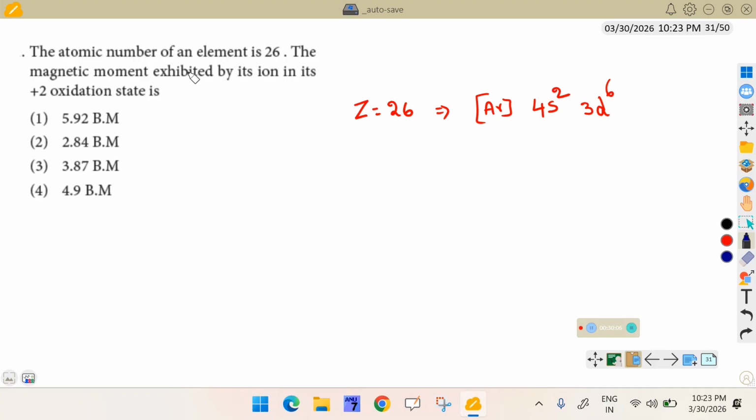The atomic number of an element is 26. 26 element is iron. Magnetic moment in plus 2 oxidation state: argon 4s2 3d6. So Fe2 plus is 3d6.